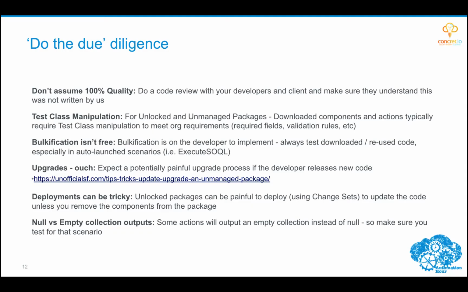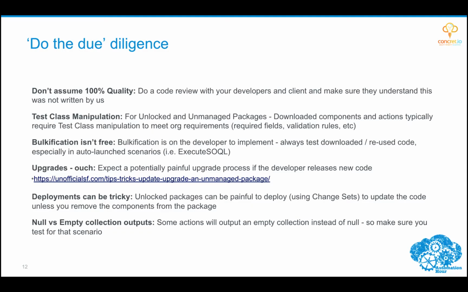And the other one is that some of these actions come through unlocked and unmanaged packages, which is very different from a managed package, which means your actions and components that you try to install when you go through production, each of these have their own test class, right? So when you try and deploy it, you have to also include the test class with it.